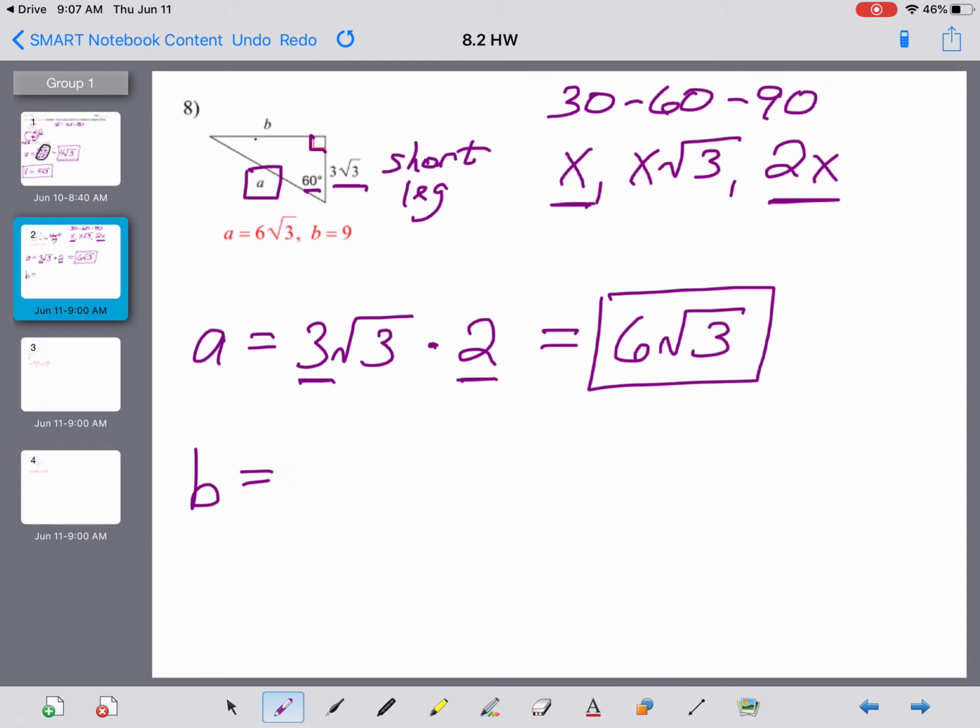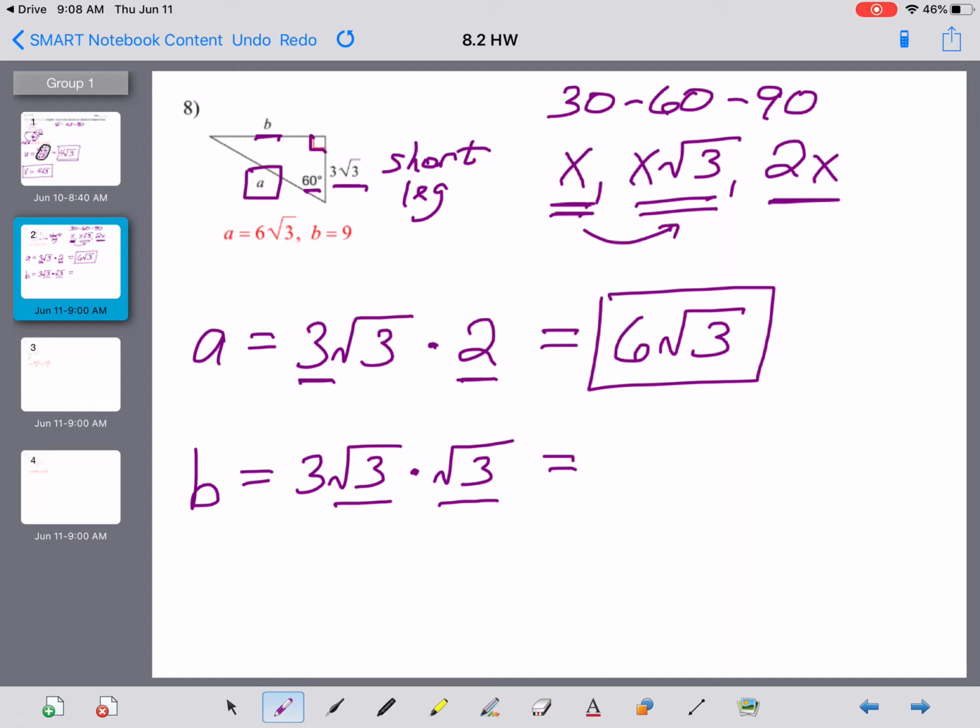B is the long leg. And to go from short leg to long leg right here, we simply multiply by the square root of 3. So our short leg here is 3 root 3, and we're going to multiply that by the square root of 3. Okay, what's that going to do for us? Now in this case, it's the root 3 and the root 3 that are alike that can be put together.